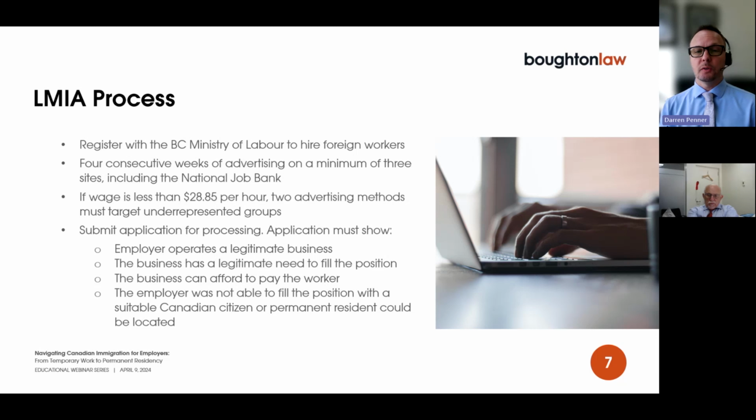But of course, we have to use National Job Bank, so that's always one we use. One advertising site has to stay running the entire time until the application is completed and decided. So we usually use National Job Bank for that. The other ads can come down after 4 weeks. We do leave some up as well, but one of them has to stay running.